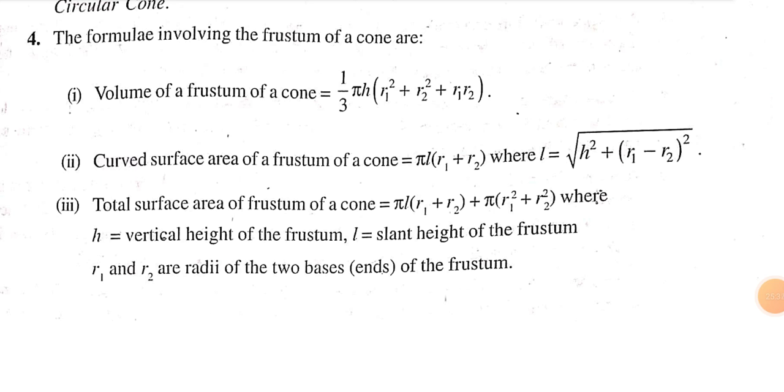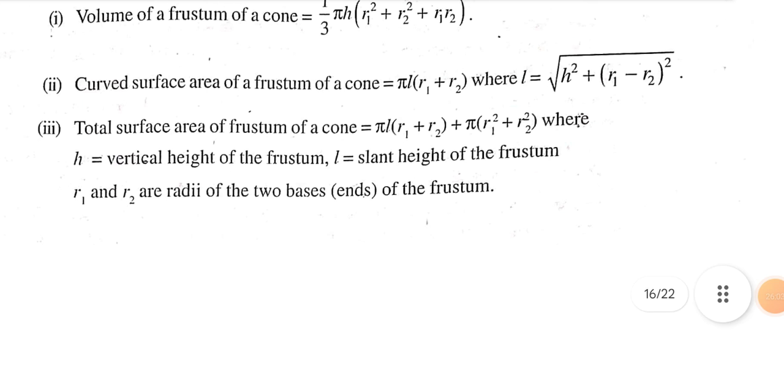Total surface area of a frustum of a cone is equal to pi l (r1 plus r2) plus pi (r1 square plus r2 square), where h is the vertical height of the frustum, l is the slant height of the frustum, and r1 and r2 are the radii of the two base ends of the frustum.